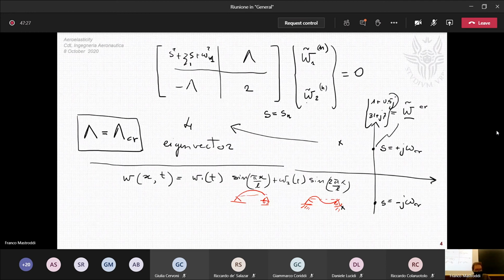Now what happens in the case of critical condition, marginal condition like this?